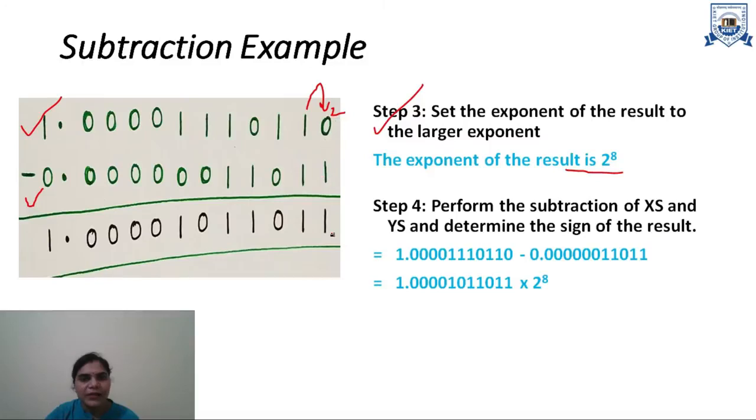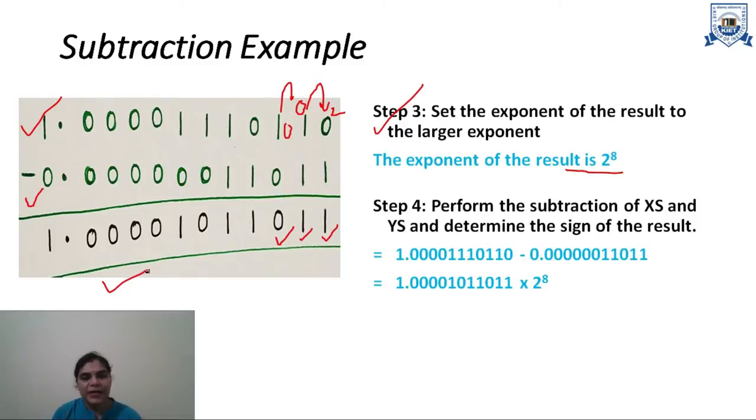So 2 minus 1 will be 1. Once the borrow has been taken from this 1, it will become 0. 0 minus 1, again we need a borrow. So we will have 1. Now it has become 0. So 0 minus 0, we will have 0. In this way, you can perform binary subtraction.